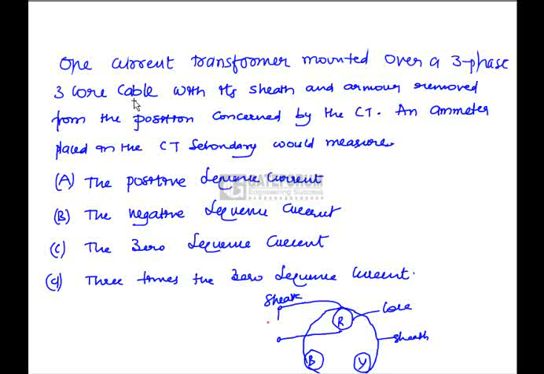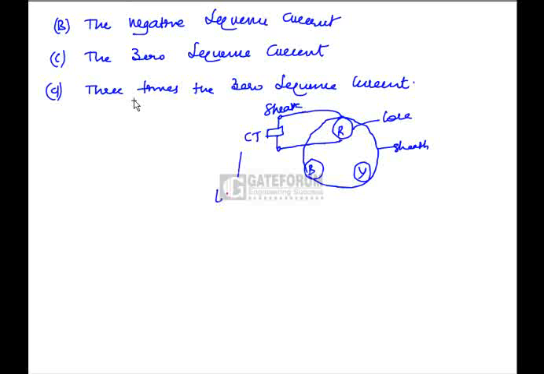So these are the two terminals we have. He connected one current transformer, CT. See here, he is measuring current between a core and sheath. That means only one phase. When this current transformer is connected between these two, this is treated as an LG fault, because the current transformer has very less resistance.